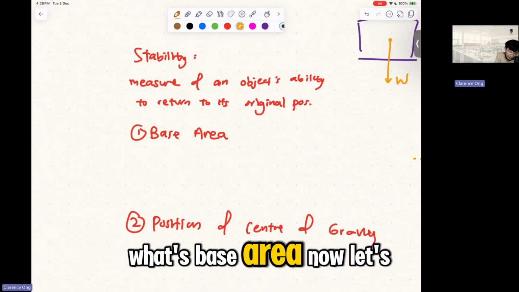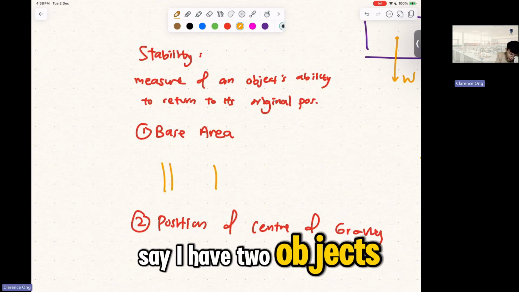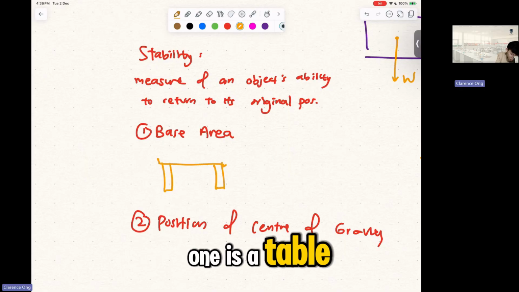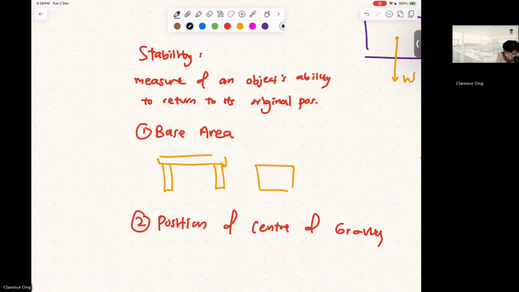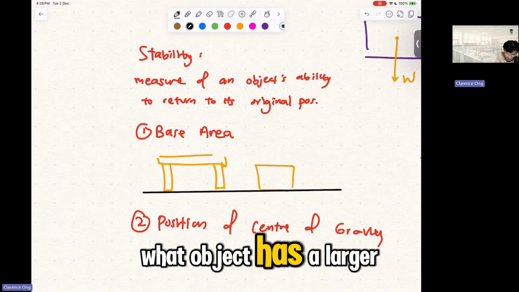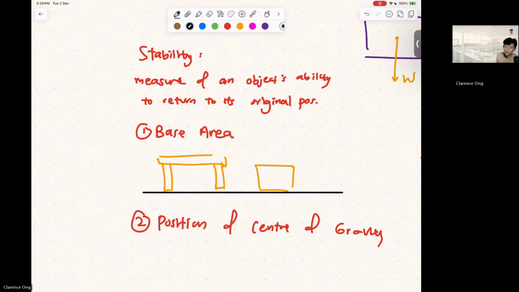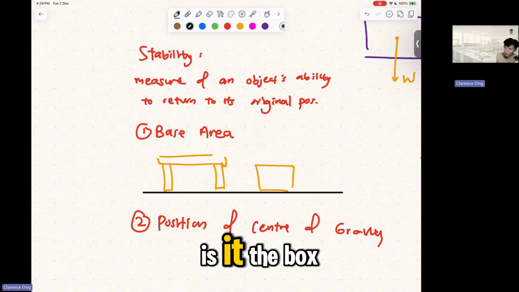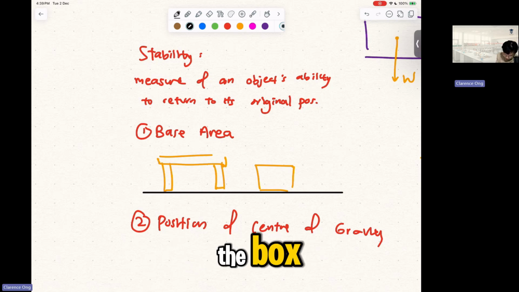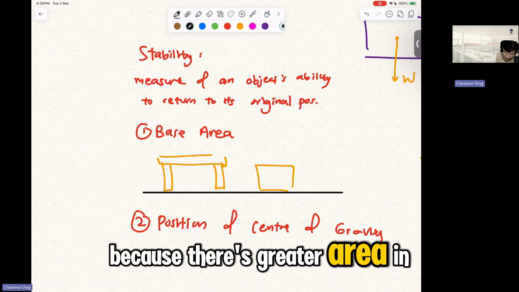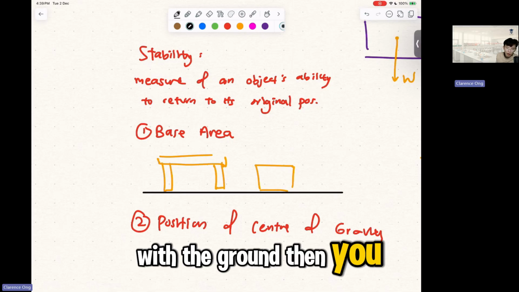What's base area? Now, let's say I have two objects. One is a table, one is a box. What object has a larger base area? Is it the table or is it the box? Okay, if you say that it's the box because there's greater area in contact with the ground, then you're wrong.